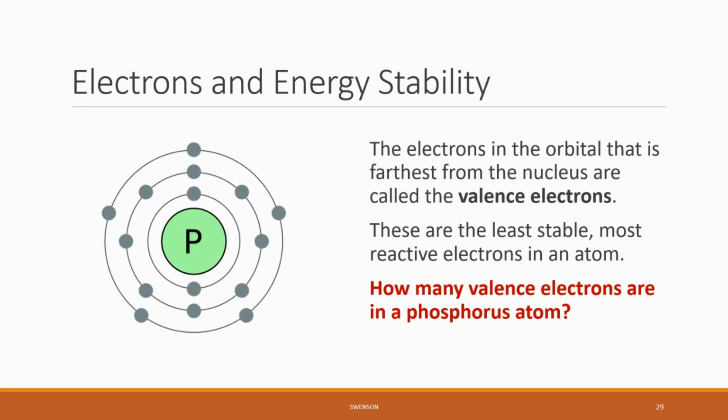And how many valence electrons are in a phosphorus atom, represented by P? And here you should have said 5 electrons.